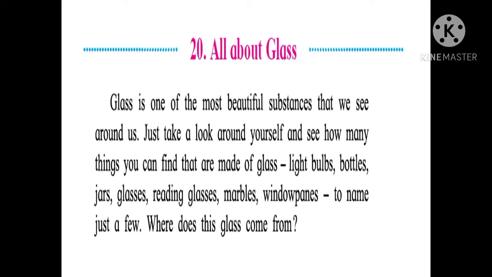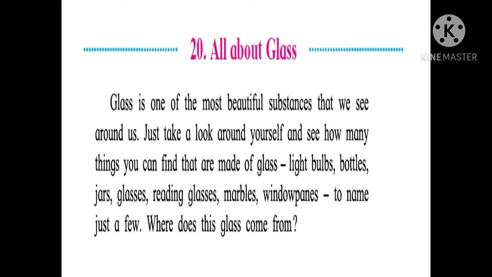Where does this glass come from? My dear children, glass we can see everywhere in our house. Yes, and I think glass is the most beautiful substance that we see around us.